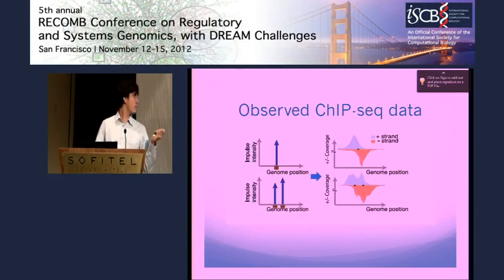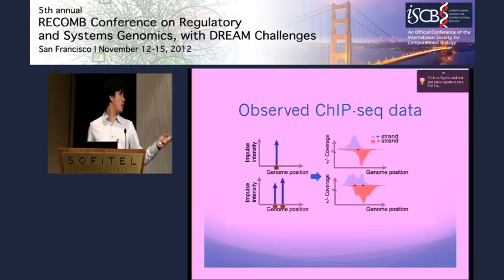We model the observed ChIP-seq data as a signaling process. In this case, each binding site is represented by this brown box. It is a source of impulse signal, and that emits an impulse response that is observed in the ChIP-seq coverage.